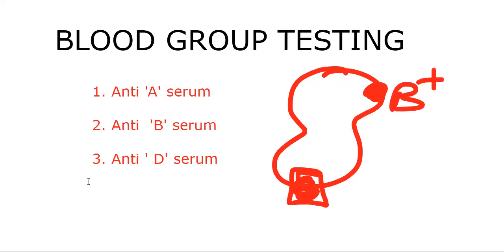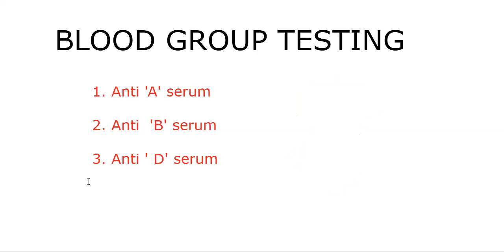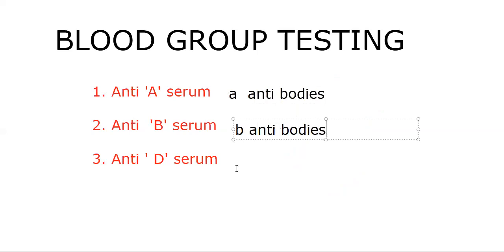Now let's come to the laboratory equipment: anti-A serum, anti-B serum, anti-D serum. D serum means RH. Anti-A serum contains A antibodies, which can bind against A antigen. Anti-B serum contains B antibodies, which can bind against B antigen.